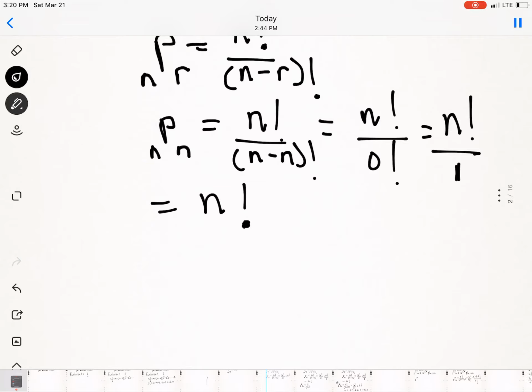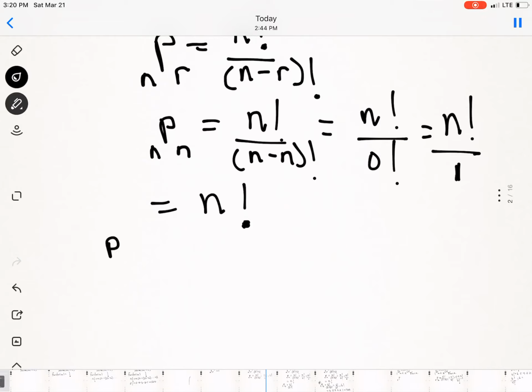That's all. So, for an example, how many ways can 6 horses finish a race? Well, there are 6 objects, 6 horses, and there are 6 places. So our P, we have 6, 6.